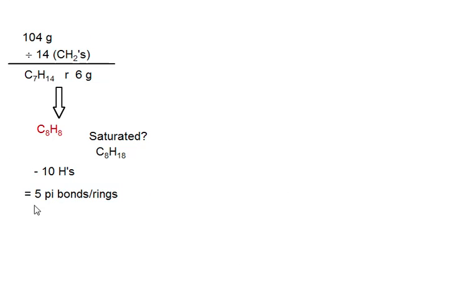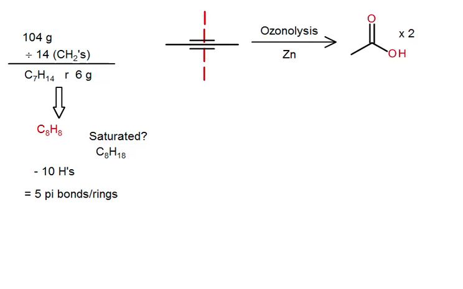So 4 pi bonds are explained, and the last set of hydrogens from our missing 10 hydrogen count can be explained by a ring. So we must have some kind of ring structure with 4 pi bonds, and those 4 pi bonds could be used to make 2 carbon-to-carbon triple bonds. So we know a lot about our molecule already.